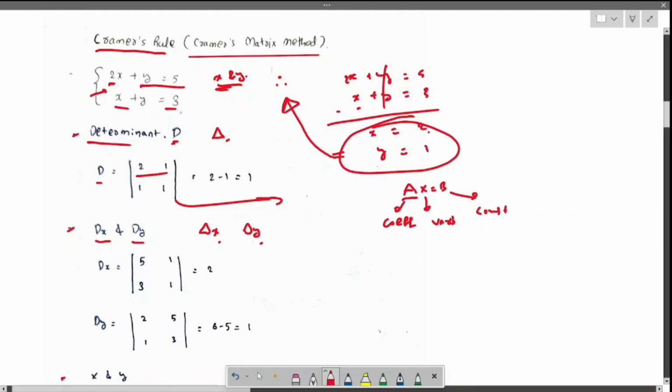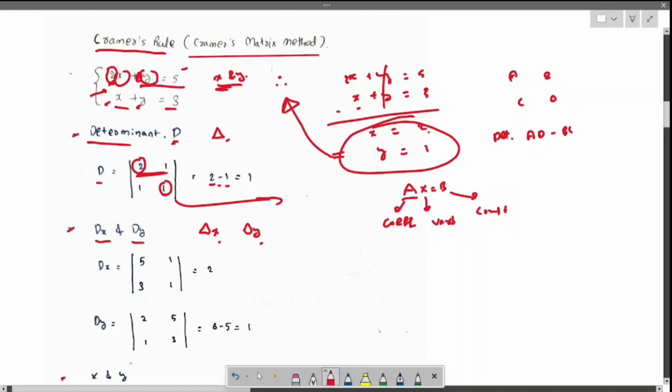Here 2 1 and 1 1. You need to apply the formula, like a b c d, where ad minus bc will be the determinant.